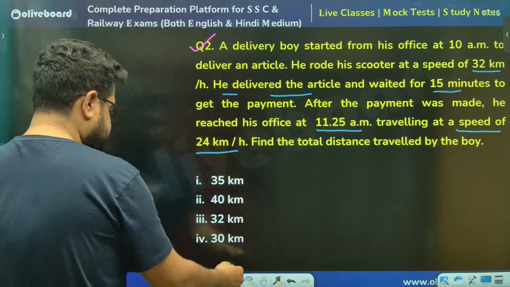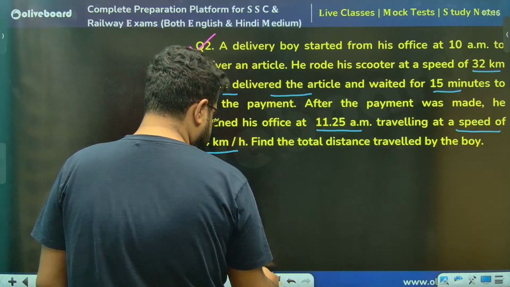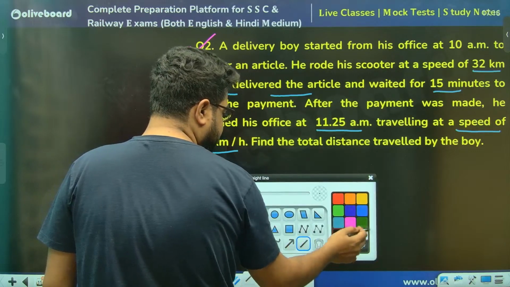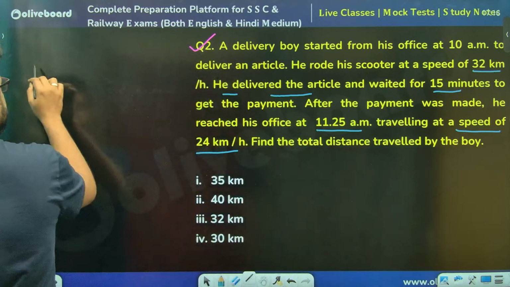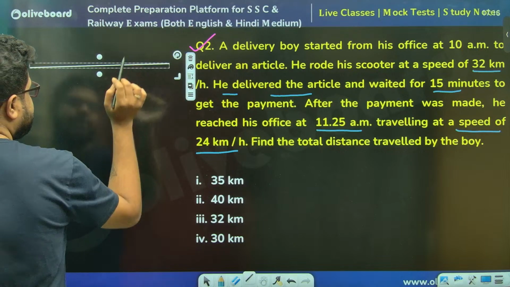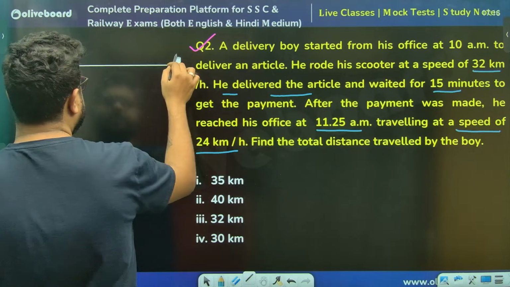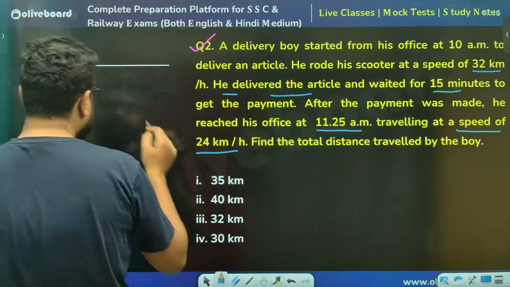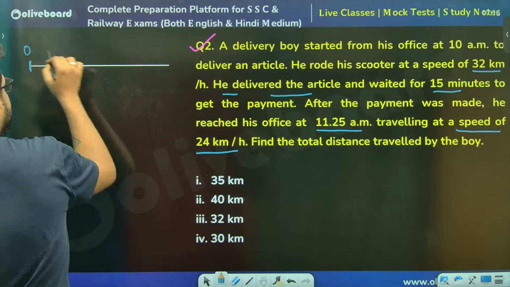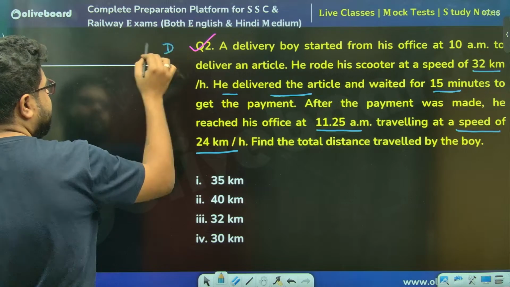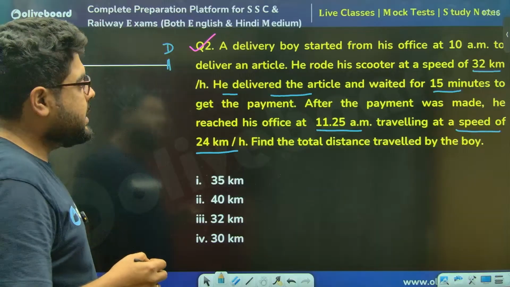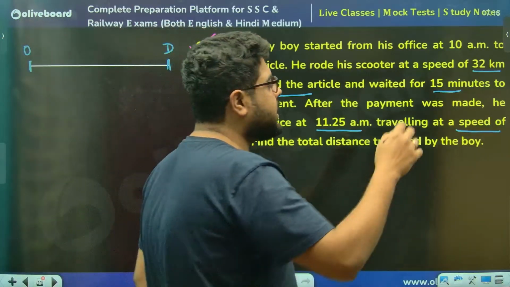Let's make a line diagram for understanding. This is the office and this is the place where he made the delivery. Now, how much time in total had he taken?